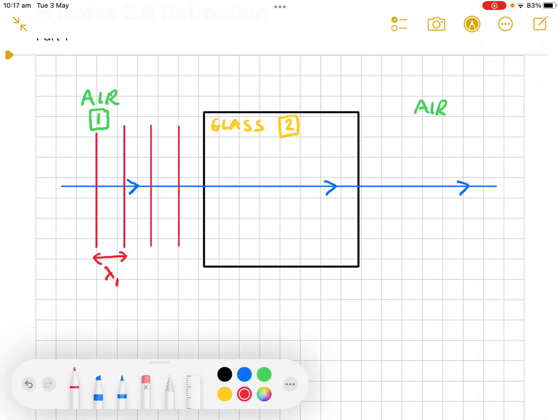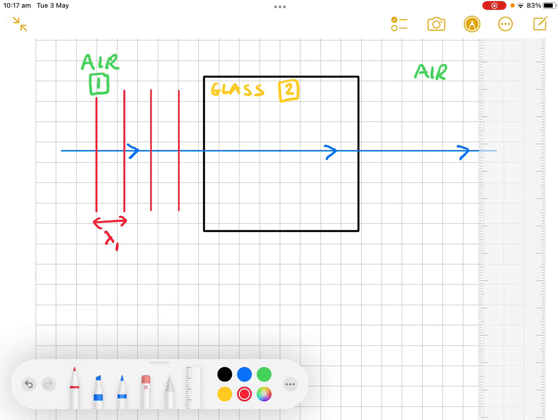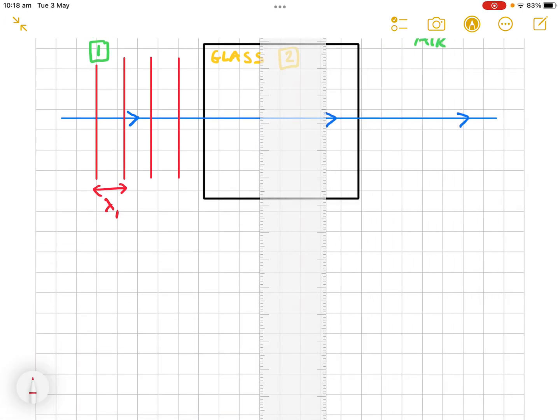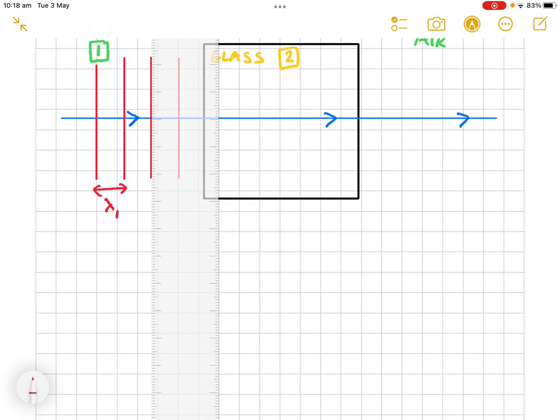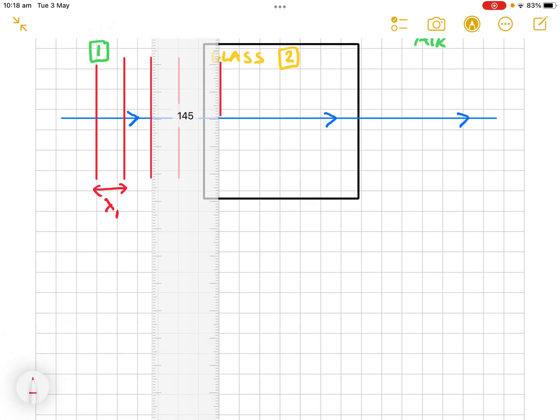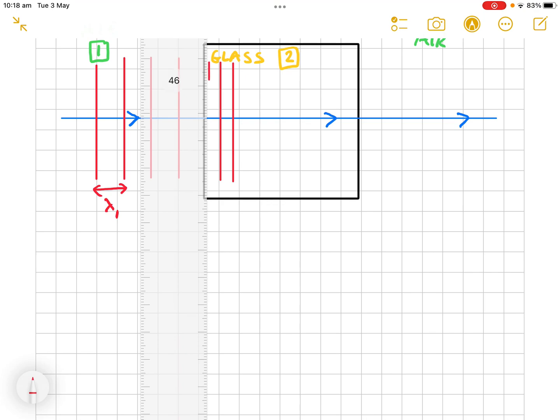Now, interestingly, what happens to the light once it gets into the glass is that the wavelength changes. It actually gets smaller inside the glass. So we get something like this happening. The crests are much closer together.